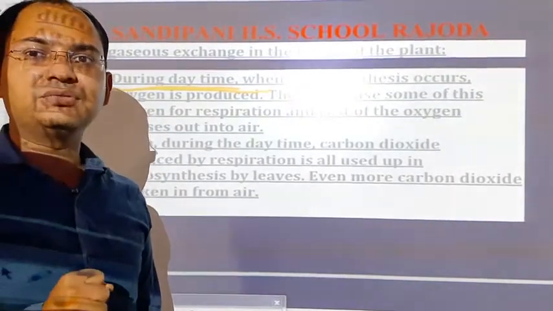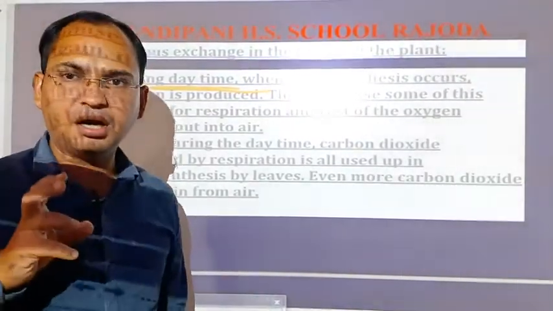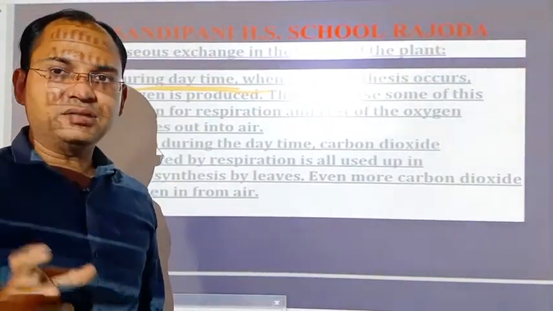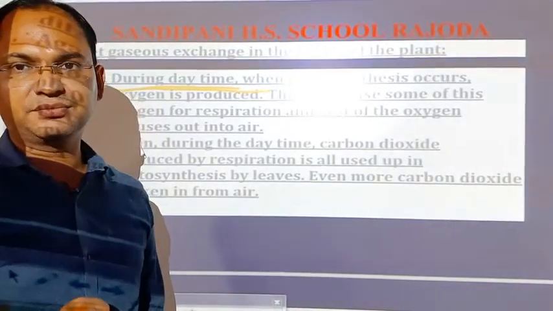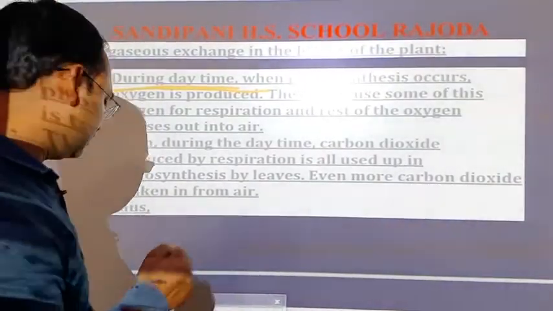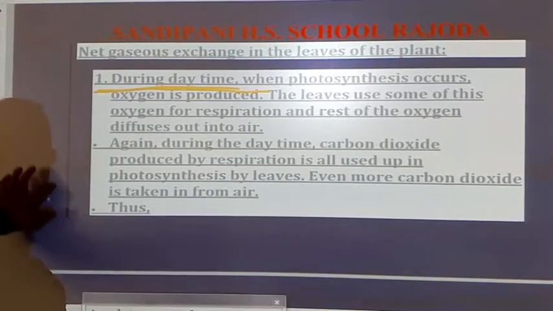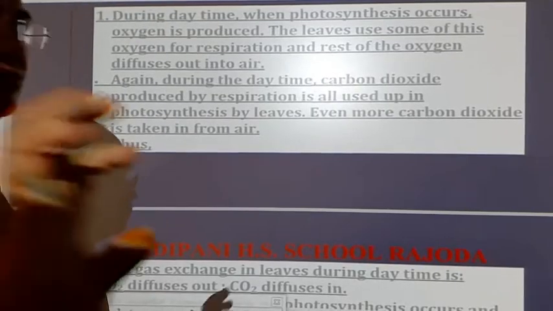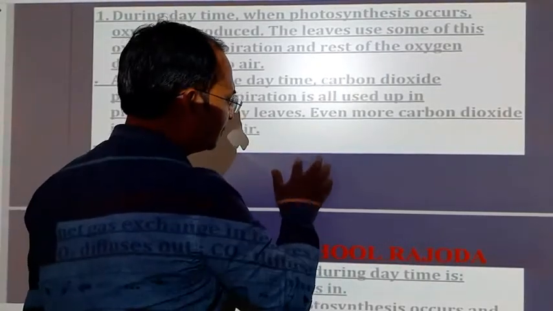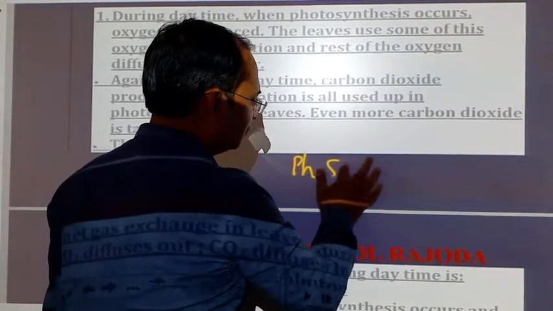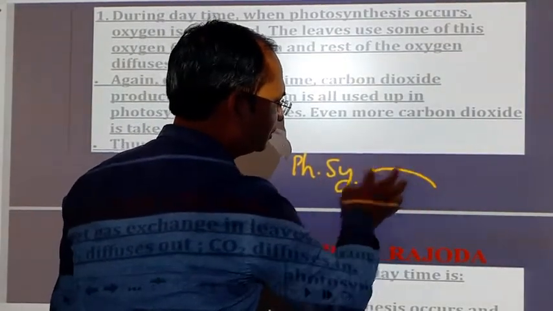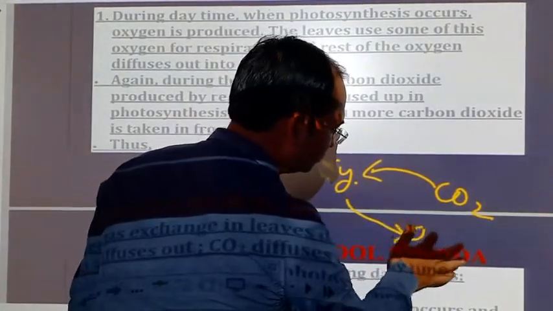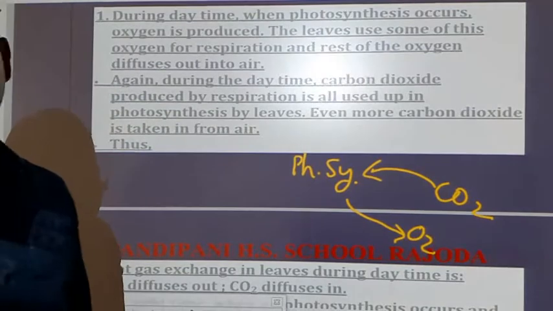In the daytime, students, when there is an abundant amount of sunlight, plants perform the process of photosynthesis. In photosynthesis, the plant takes in CO2 and gives out O2, or produces oxygen.